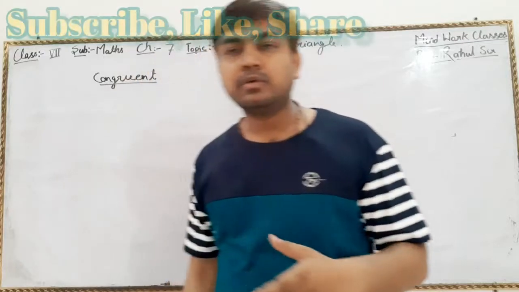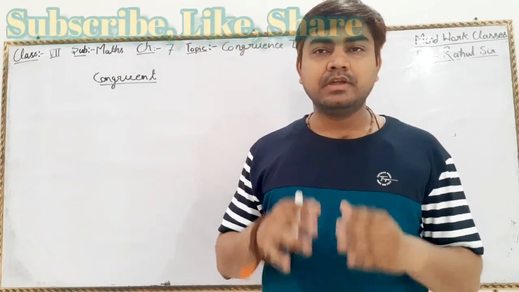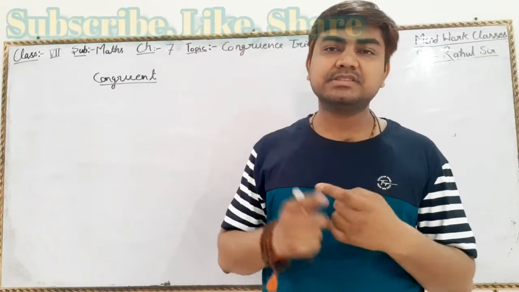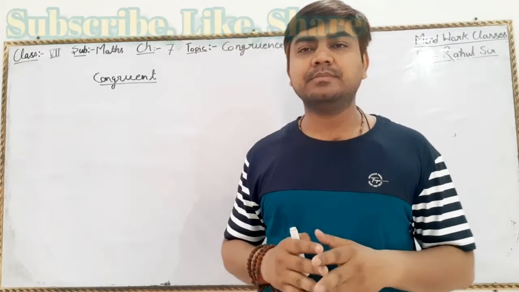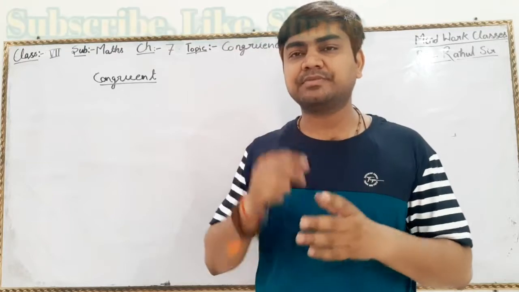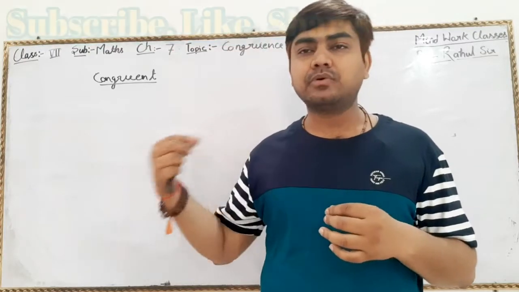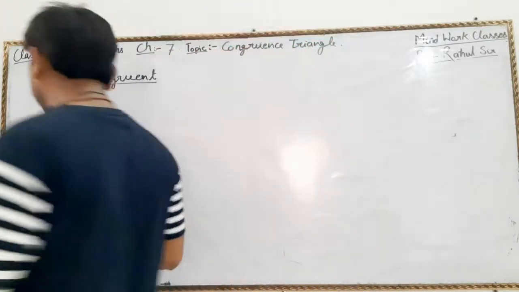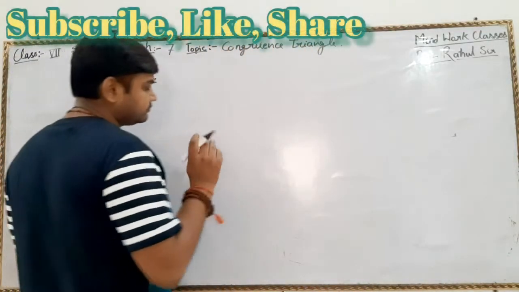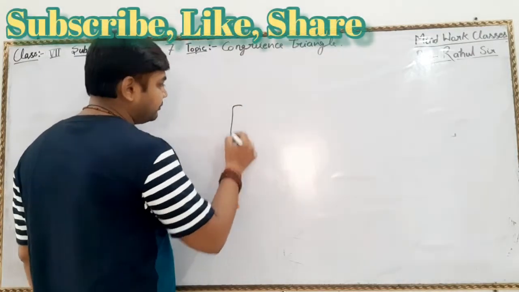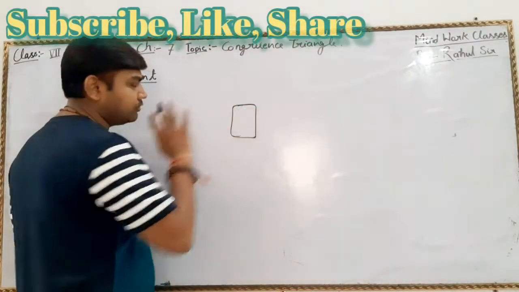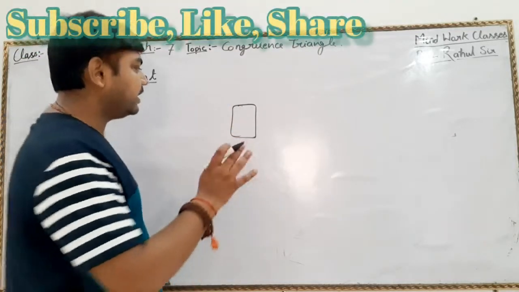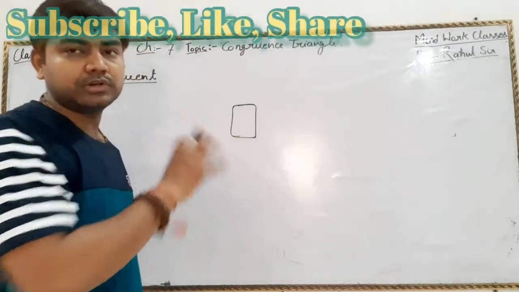So congruence means complete similarity. That means the dimensions, angles, and each and everything will be exactly the same. Exactly one photocopy of the other. If you put one picture above another, the second picture will hide the first totally.